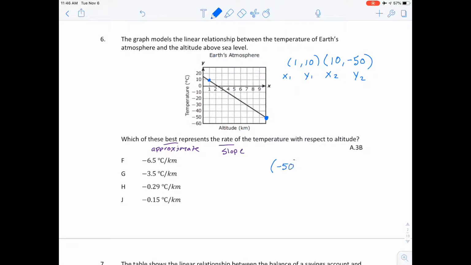So I have -50 minus 10 over 10 minus 1. Now when I type that in, that gives me -60 over 9. The closest answer, if I divide that, is going to be -6.5. None of the other ones are going to be even close.